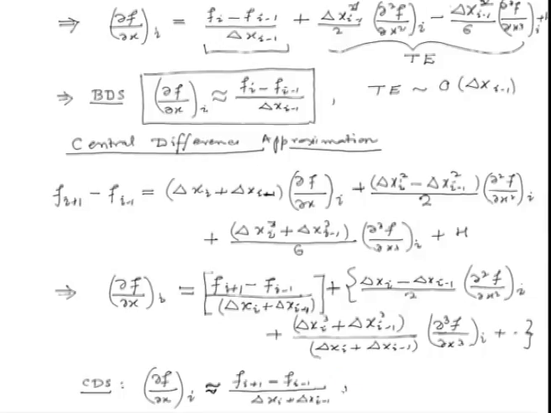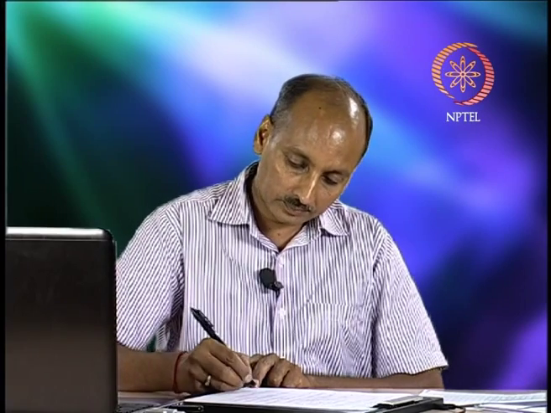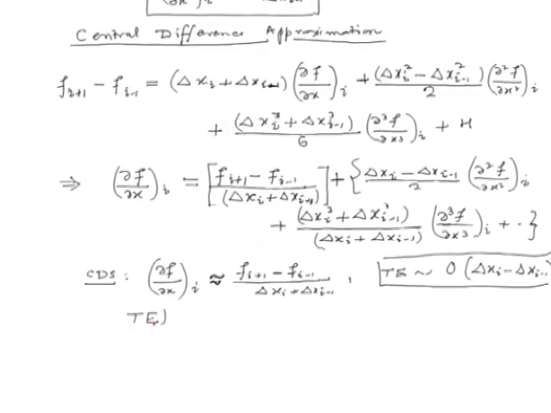Now, truncation error in this case is of the order of delta x_i minus delta x_{i-1}. So, formally the truncation error for the series on a non-uniform grid is still of order 1, but it is a difference of 2 grid spacings. So, this truncation error for the series will always be less than the truncation error of the forward difference scheme or backward difference scheme.